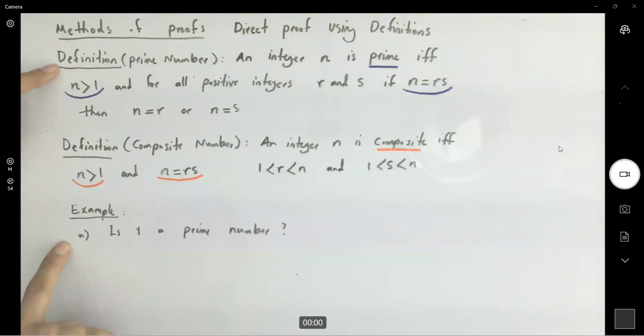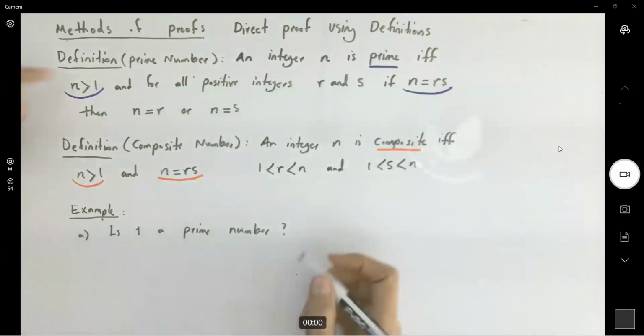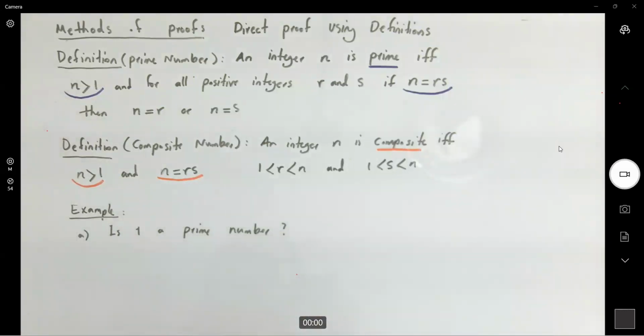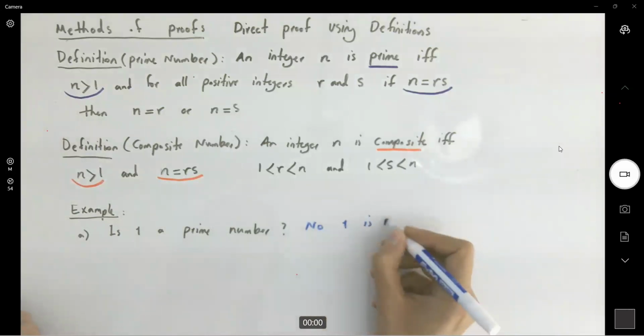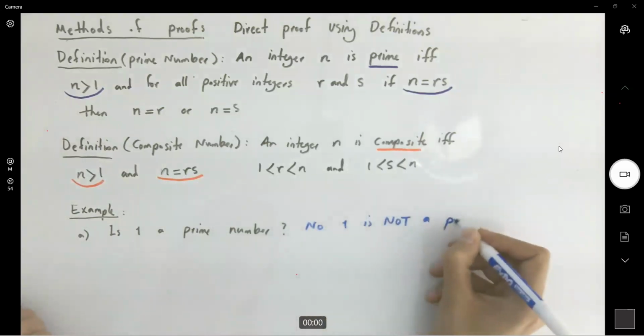A number is prime if and only if it's larger than 1. So it doesn't satisfy the very first part of the definition. This is just 1. So the answer is no. 1 is not a prime number, definitely.